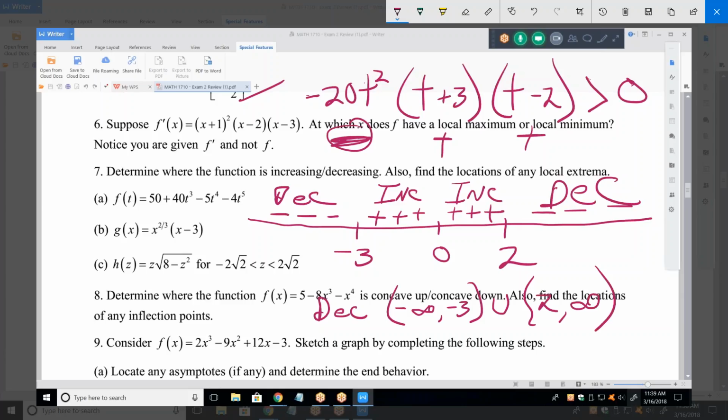And it's increasing from -3 to 2. Or they have it -3, comma 0, and then union with 0, comma 2. Ah, it's true, because it's not increasing at 0, is it? No, it's flat. It's neither increasing nor decreasing.